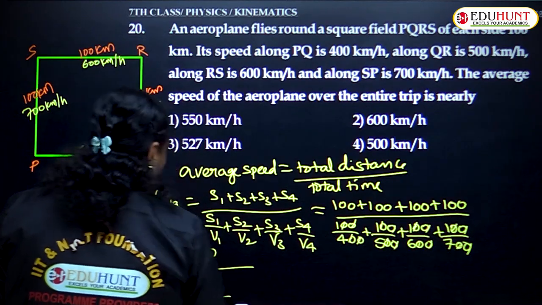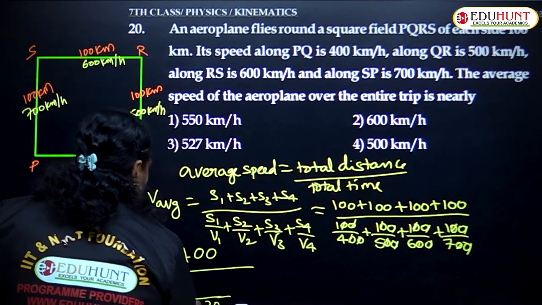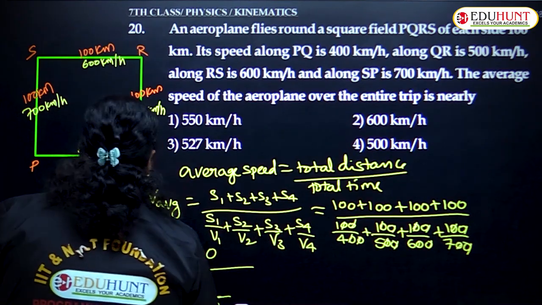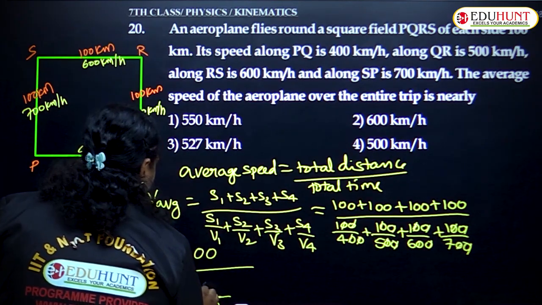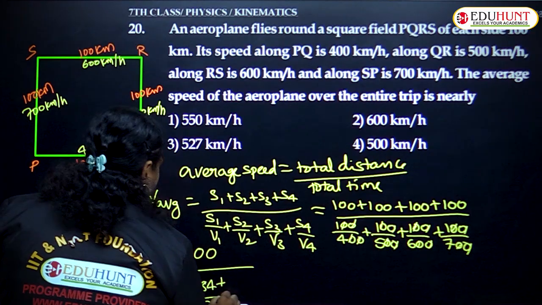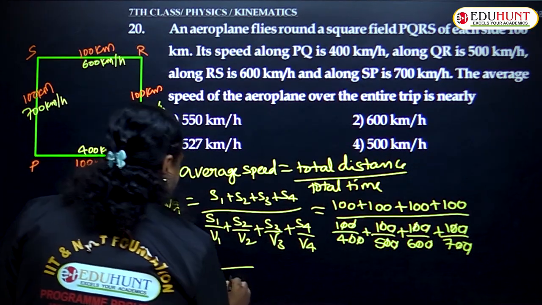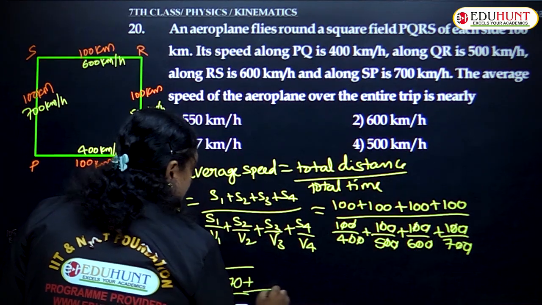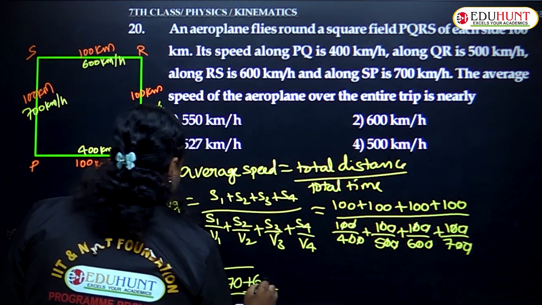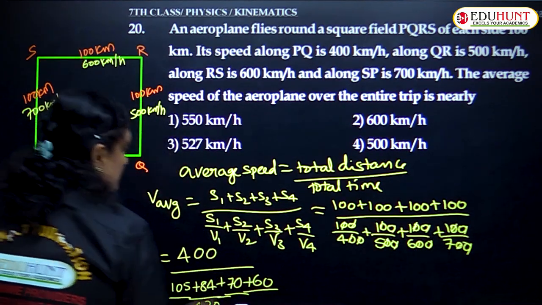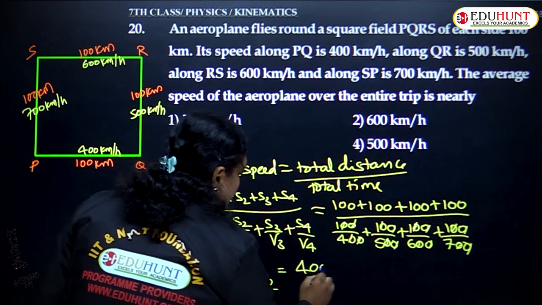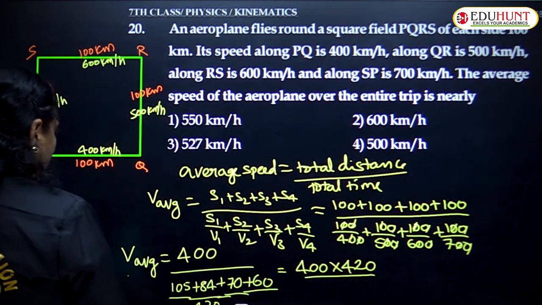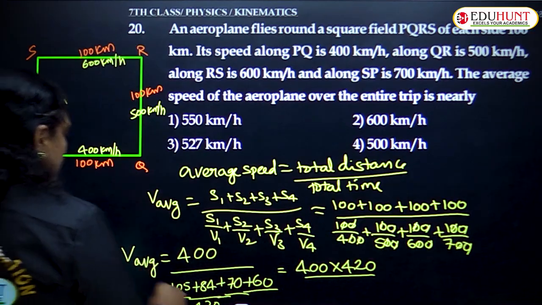Here 4 goes in 105 times, 5 goes 84 times, 6 goes 70 times and 7 goes 60 times. Hence, the answer would be 400 into 420 upon 105 plus 84 plus 70 plus 60.